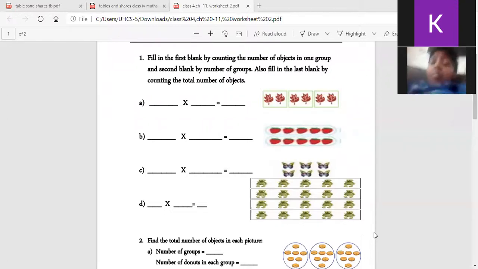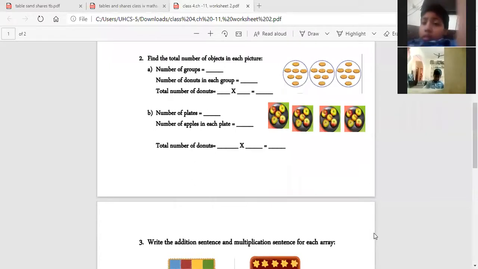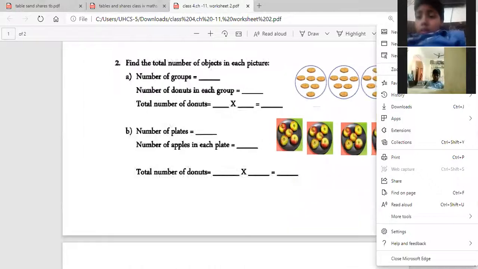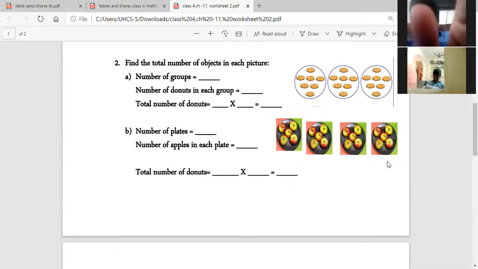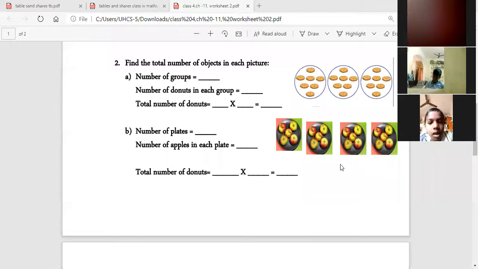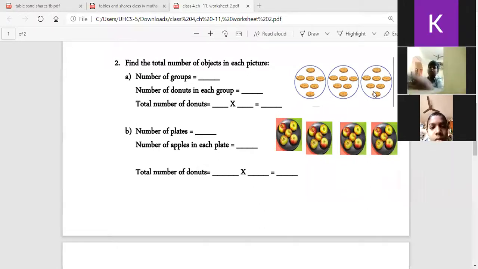Your first question is completed. Shall I move to the second one? Find the total number of objects in each picture. 3 groups are there.